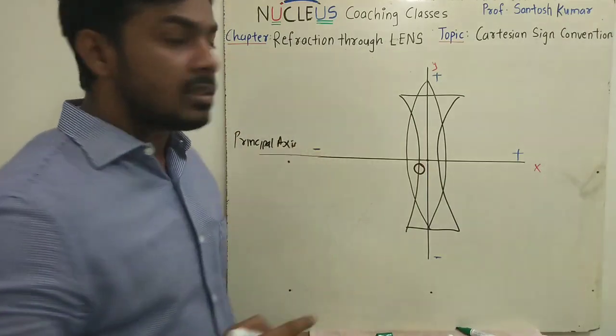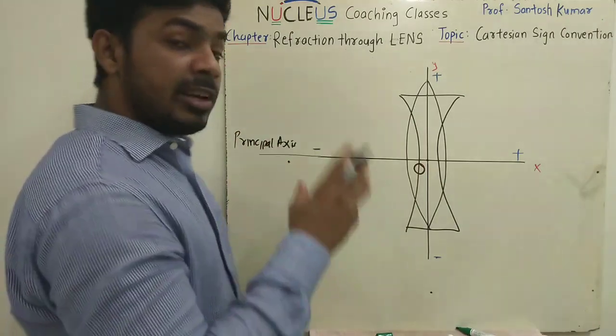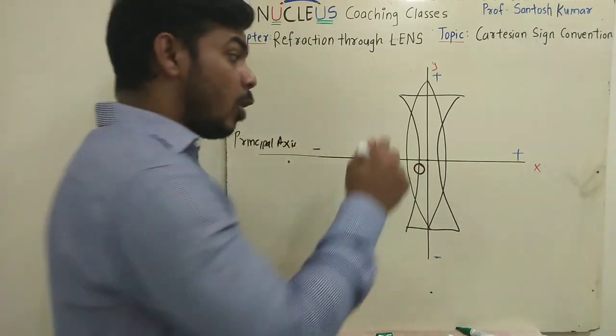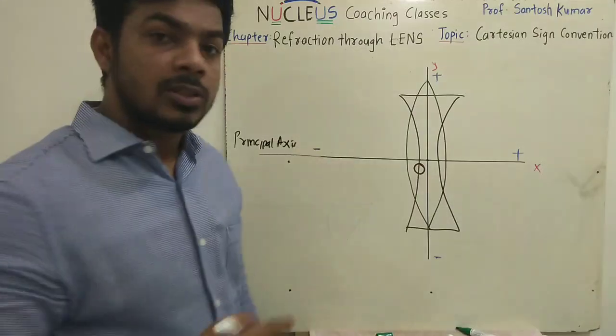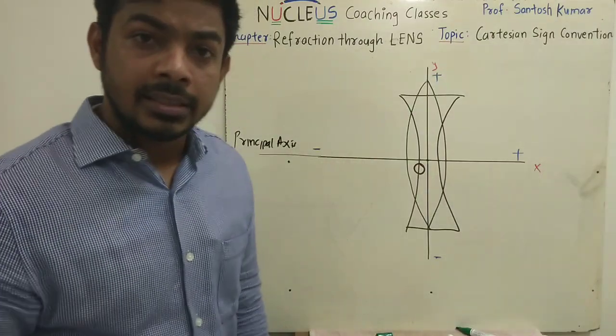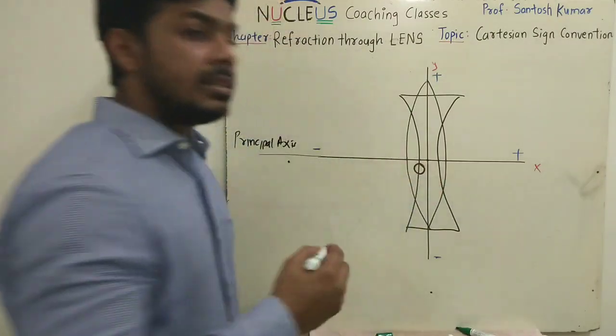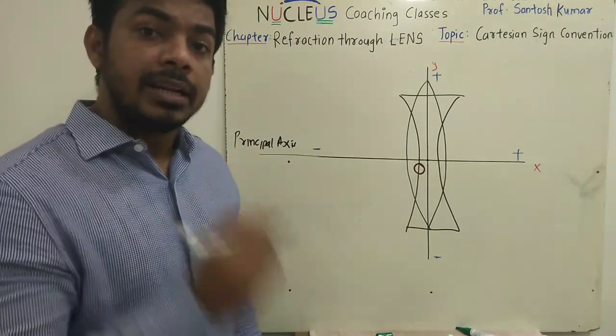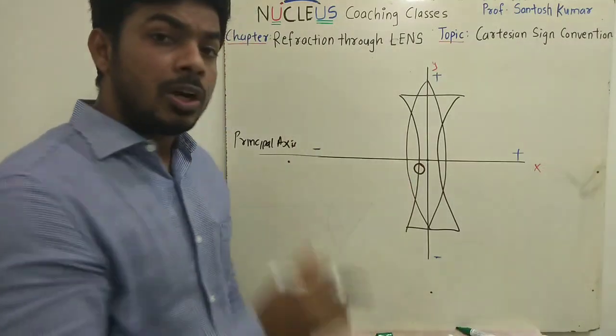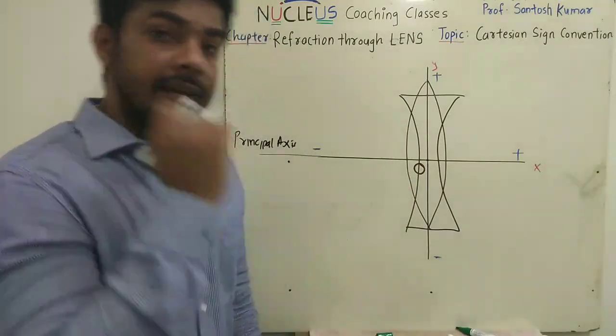If I talk about Cartesian sign convention, where we have kept a lens such that the optical center of a lens lies at the origin and the principal axis of the lens lies along the x-axis, now this optical center will become the reference point. That means every distance is measured with respect to optical center.